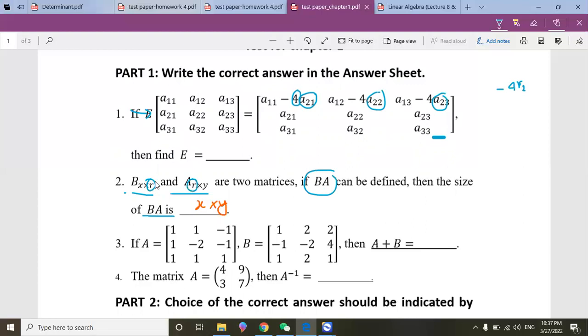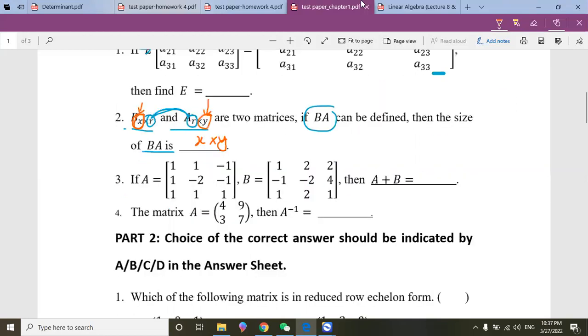So you can see here we have r equal to r, right? Then we find the size. The size will be the rows of the first matrix and the columns of the second matrix.